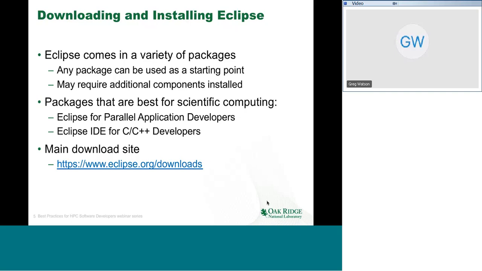But in order to get the functionality that I'm going to be talking about today, you may need to install additional components. There are a couple of packages that are really best for scientific computing, and there's the package that is part of the Parallel Tools Platform project, which is called Eclipse for Parallel Application Developers. That would be the one that I recommend.